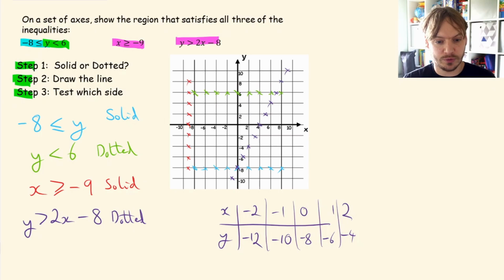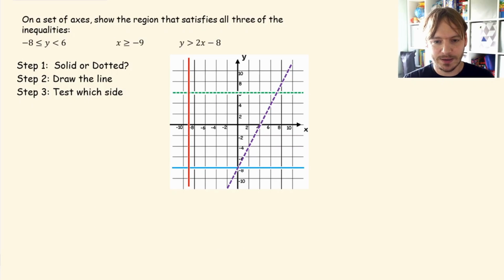You could also do this by knowing that the y-intercept is -8, so I start here, and the gradient is 2, so I go across 1 and up 2. I am not going to attempt to draw all those straight lines myself on the computer. I've done that already. So this gives us these 4 lines. We know whether they're solid or dotted and where they should be on the graph.